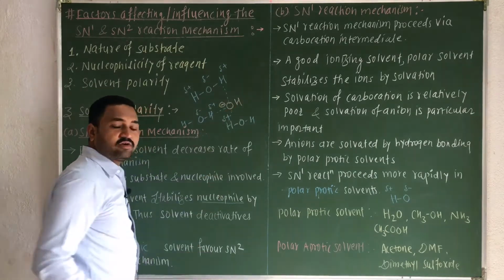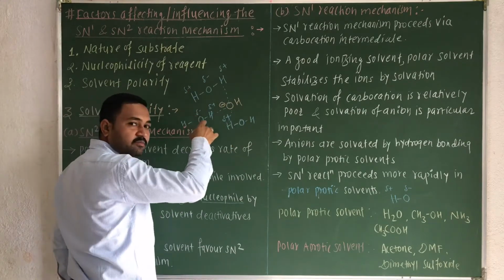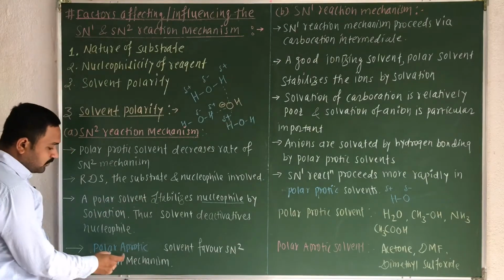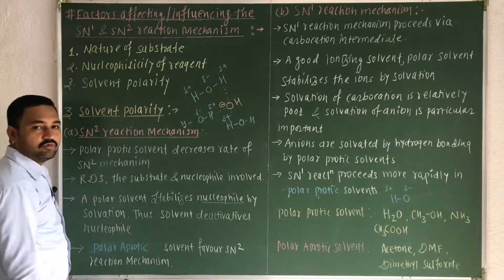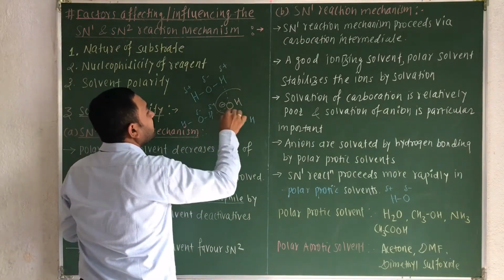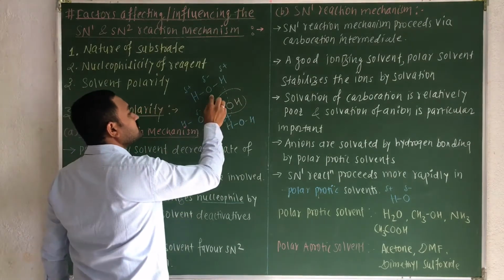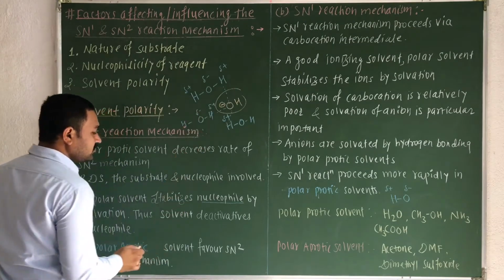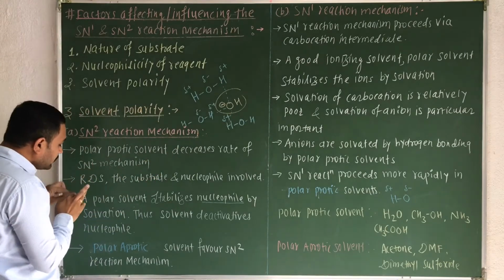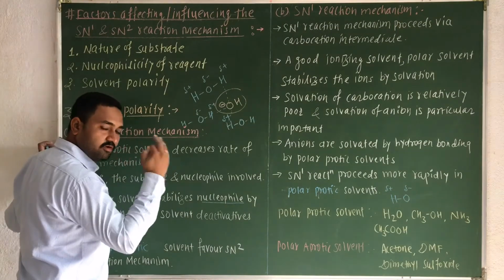So this OH minus ion can be trapped by these solvent molecules, which is actually your polar protic solvent molecule. If the nucleophile is trapped by the solvent molecule, that is nothing but the solvation effect. If it is trapped, then obviously it will get stabilized and it will not attack the substrate, and hence the SN2 reaction mechanism will not be favored.